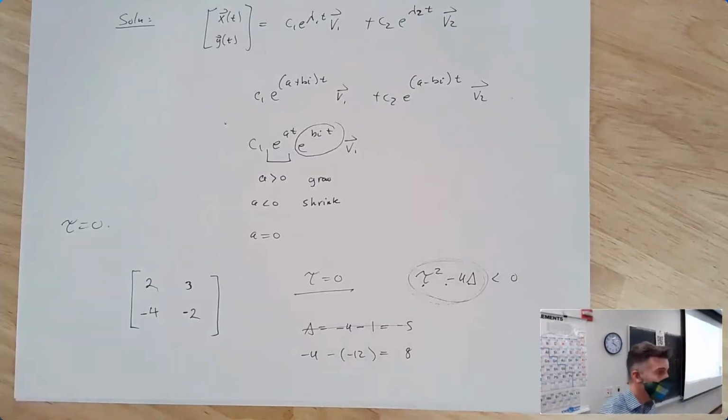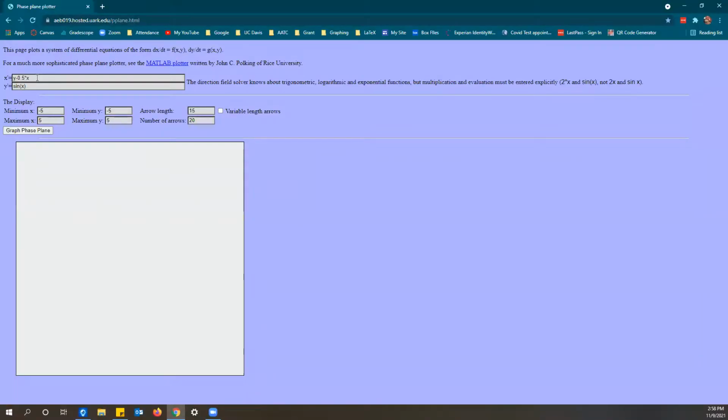So this should give us a center. Let's take a look and see. Let's hope that I got it right. So I'm going to have 2 times x plus 3 times y, and -4 times x minus 2 times y.